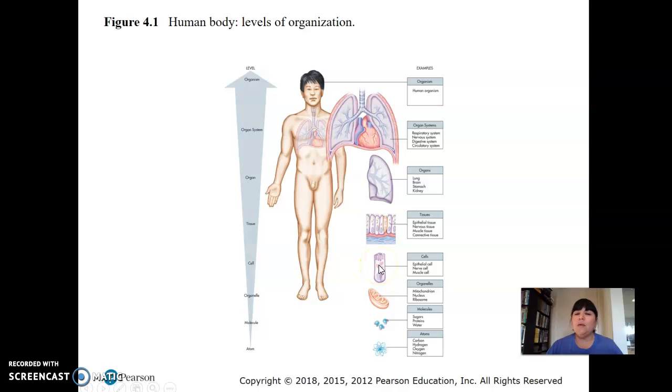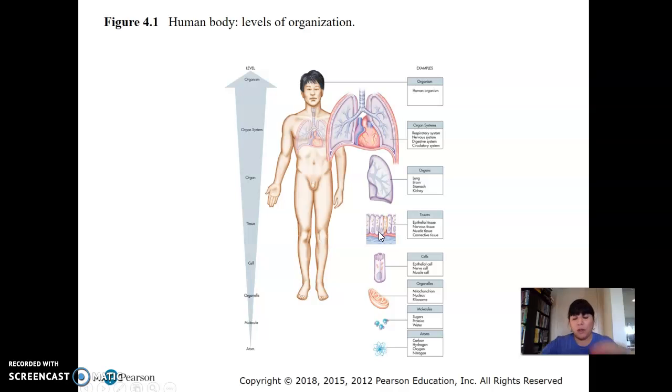So the body works on the cellular level. But we are multicellular, so we're made out of many cells. In reality, you get a bunch of similar types of cells, and now we have a tissue. In the body, there are 4 types of tissue. That's going to be a slide that comes up.